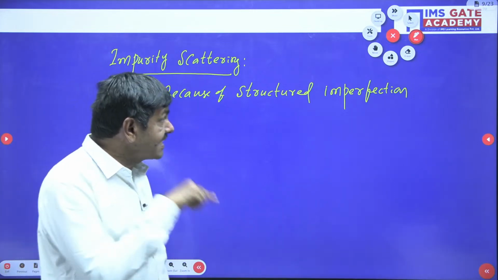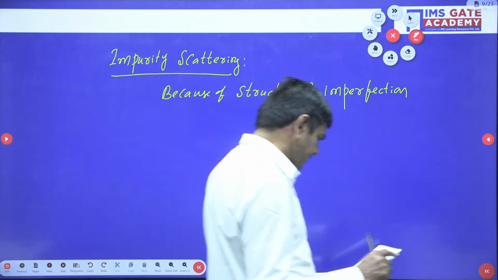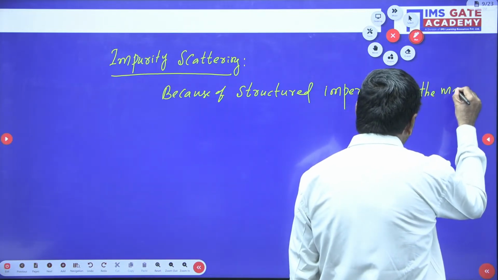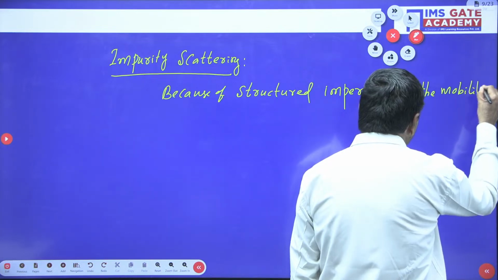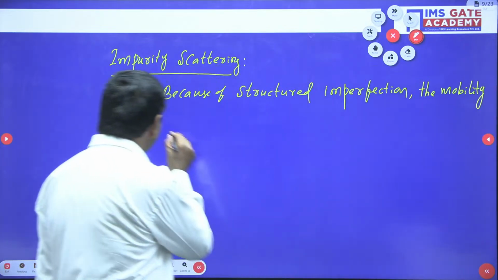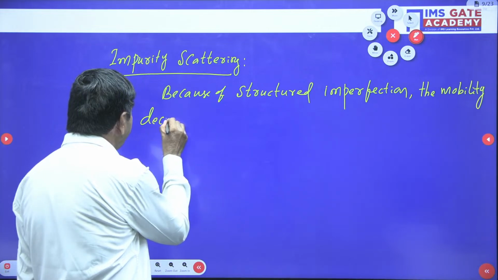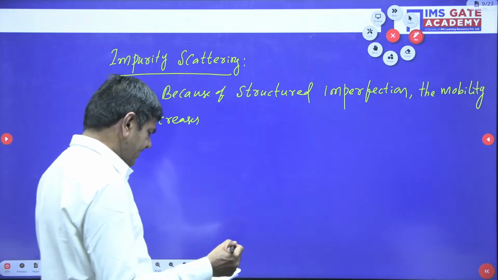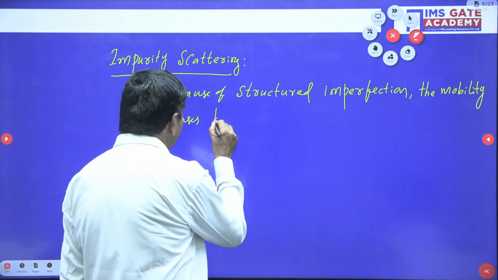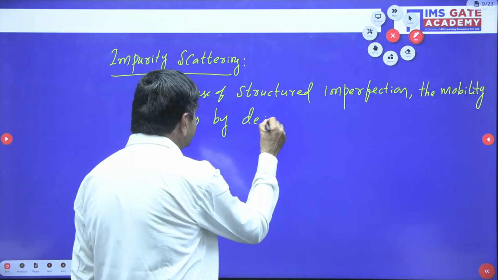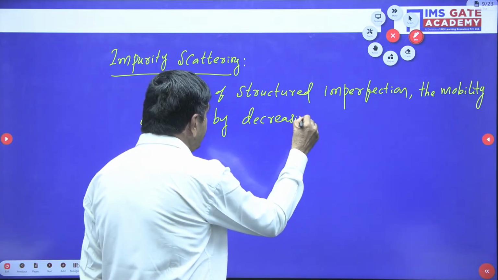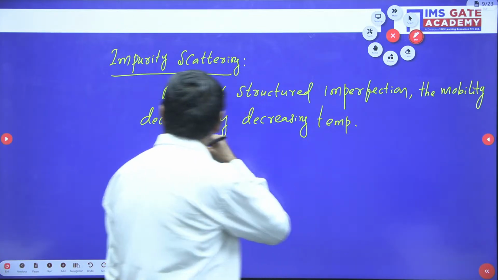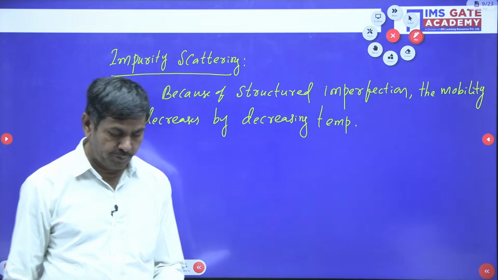Here, because of the structural imperfections, the mobility decreases when the temperature decreases. That is called impurity scattering.